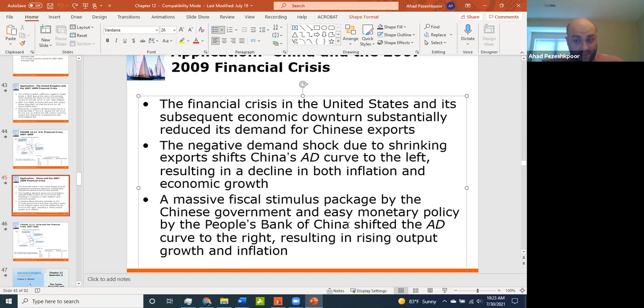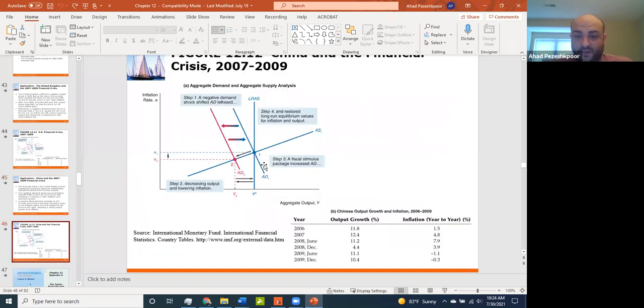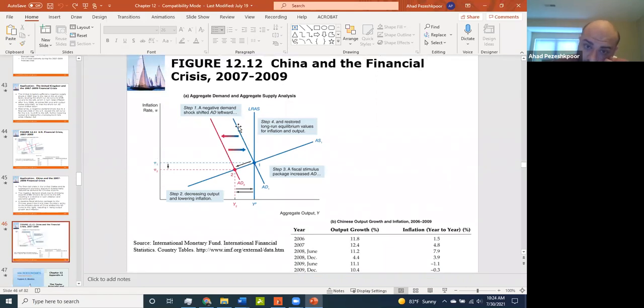Because of all the inflation they created, it shifted the aggregate demand curve to the right, resulting in rising output, growth, and of course, inflation. This is what happened. First, they suddenly lost all their customers.